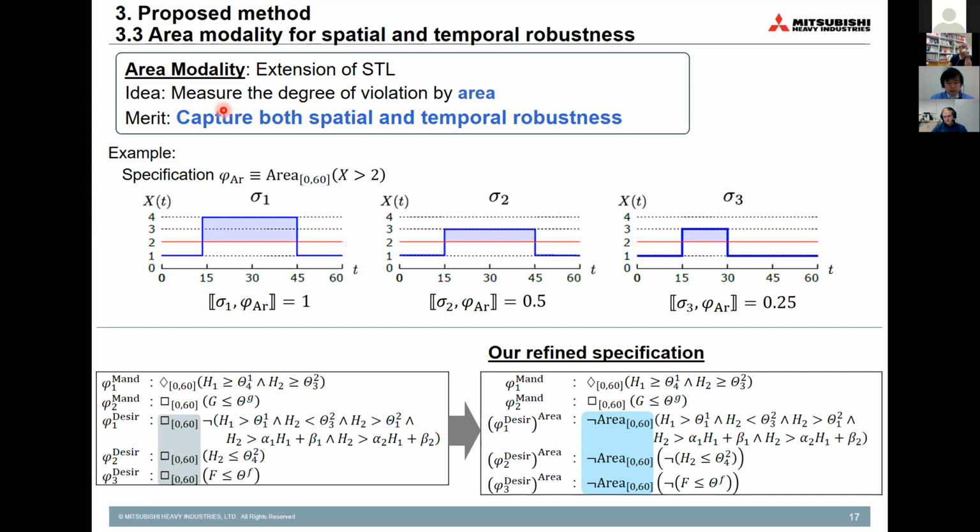The main idea is to measure the degree of violation by area. The robustness of area is defined by integration of spatial robustness over time. In this way, we capture both spatial and temporal robustness. Now we turn to our problem. By applying area modality, we refined our desirable requirements.